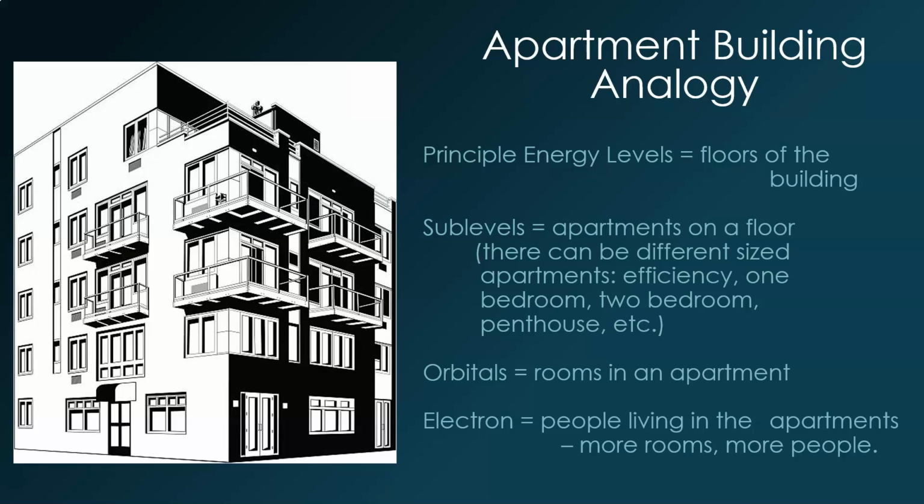And then the electrons represent the people living in those apartments. The electrons stay in the orbitals, basically in that area. And so the more orbitals you have, the more people you can have in the rooms and the sublevels and the principal energy levels. So it's just kind of a nice visual to think of it that way.